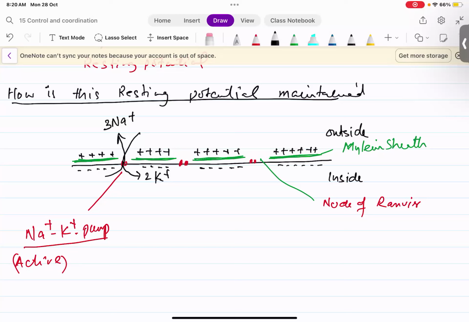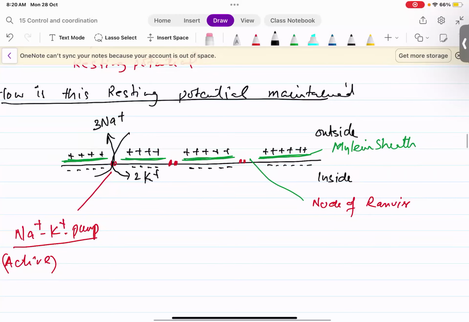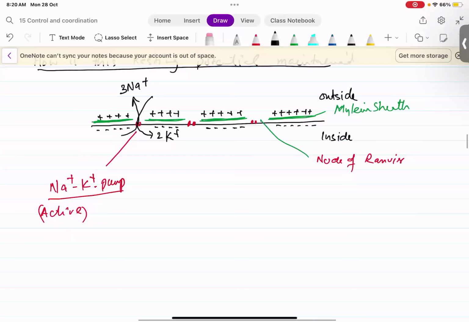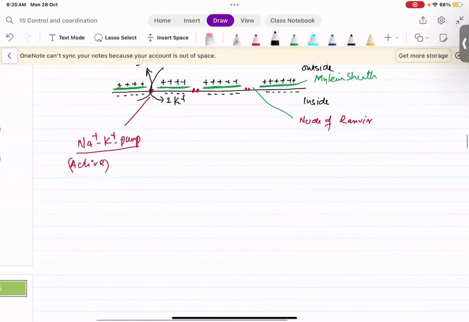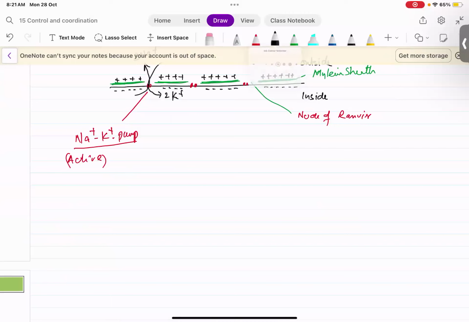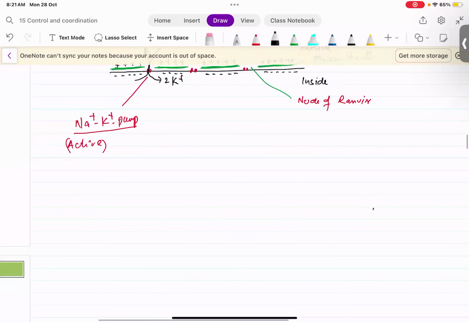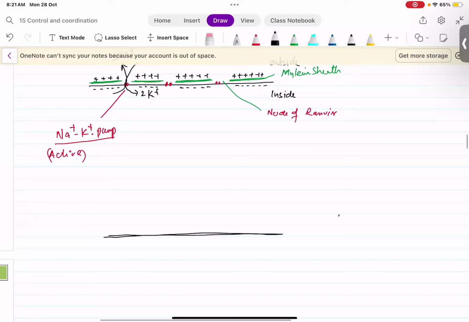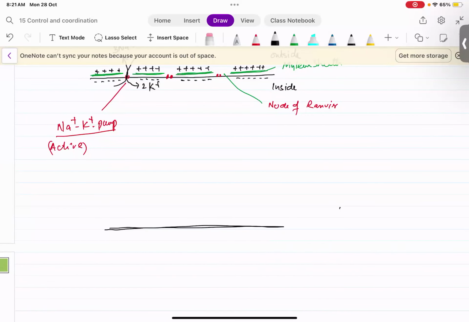Now, let's see how an action potential is produced and transmitted. I'll draw that again. This is an axon or a dendron from a sensory neuron.